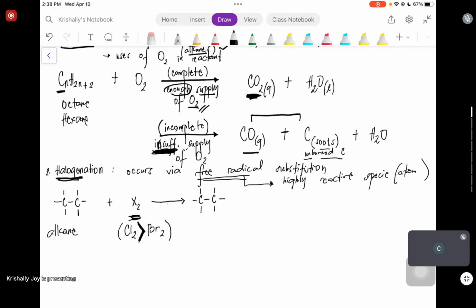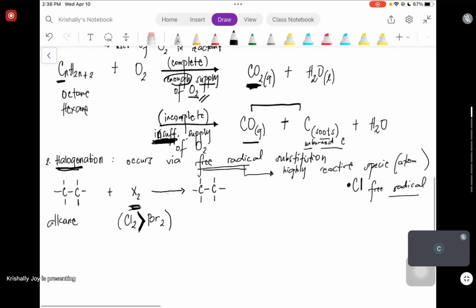For example, chlorine has an unpaired electron. For it to become stable, this free radical has to be very reactive enough to attain its stability. Okay? Because it has no partner.